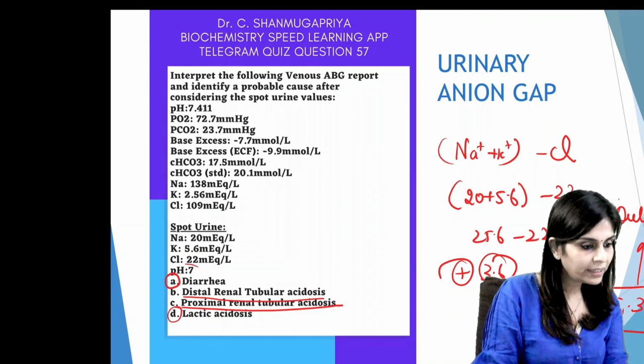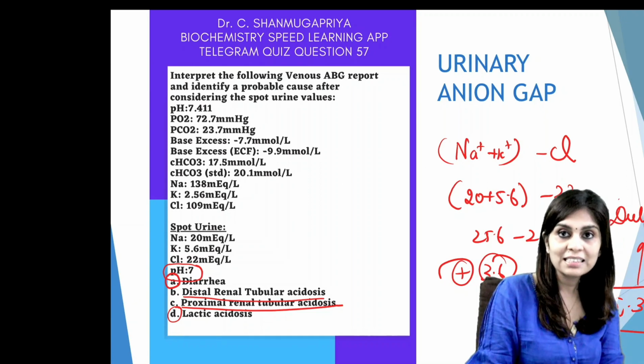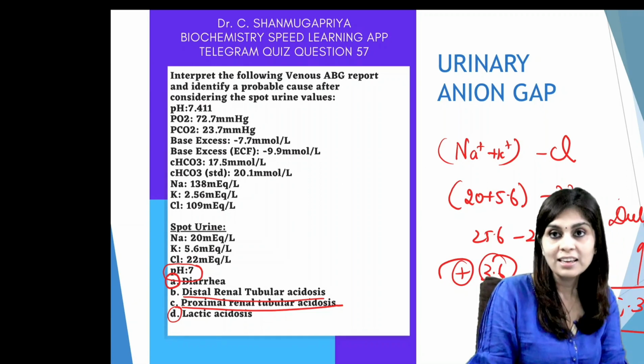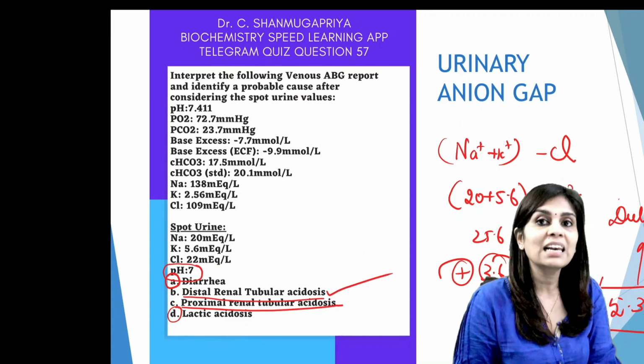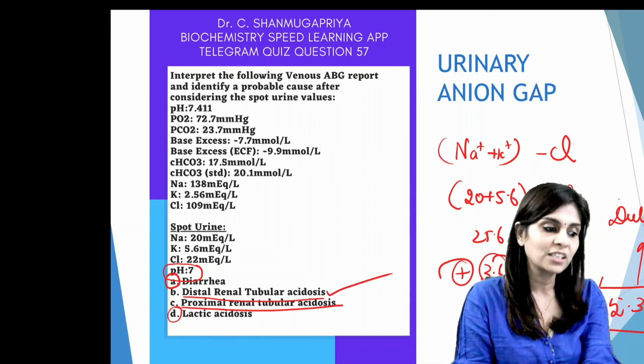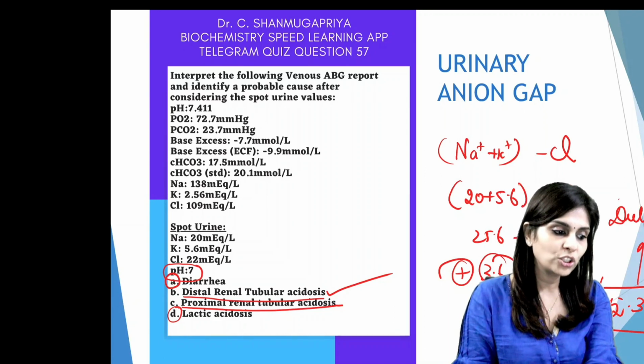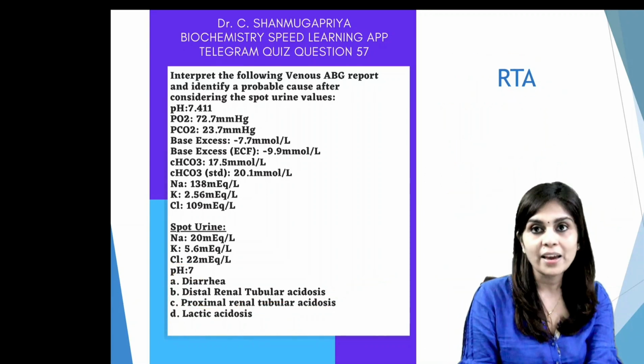And what is the pH that is provided here? It's 7. So it has not fallen below 5.3. So there is a defect in acidification of urine. Defect in acidification of urine would be distal renal tubular acidosis or classical renal tubular acidosis. So answer for this question would be choice B, which is distal RTA.